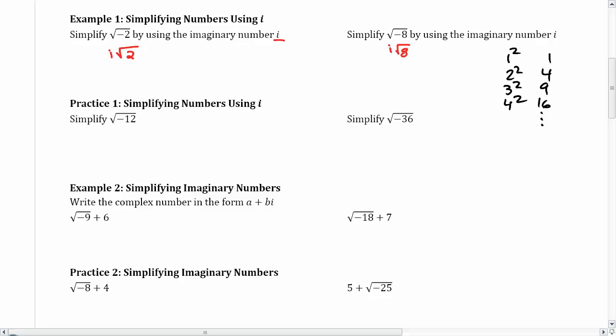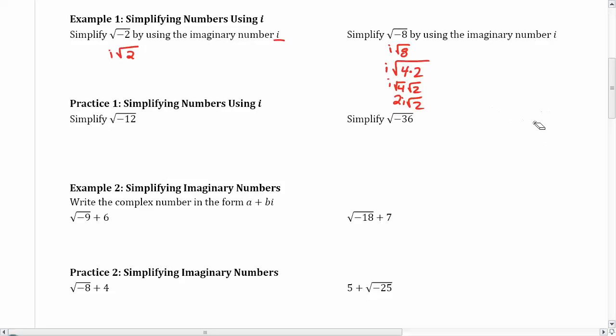So i times the square root of 8 is the same thing as saying i times the square root of 4 times 2. 4 is a perfect square. So what is the square root of 4 times 2? Well, it's the square root of 4 times the square root of 2. The square root of 4 is 2, so this is really saying 2i times the square root of 2. That's one way we can figure out this answer.